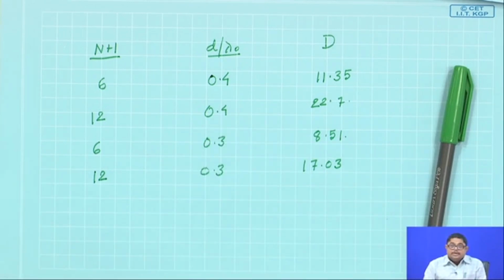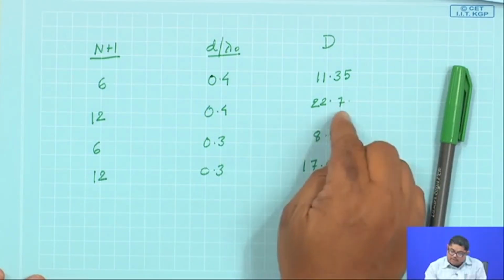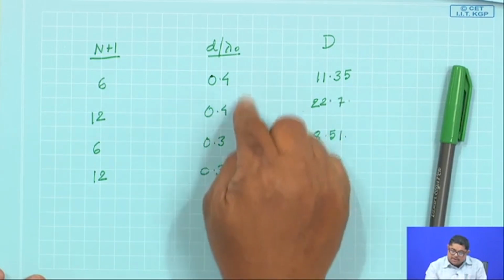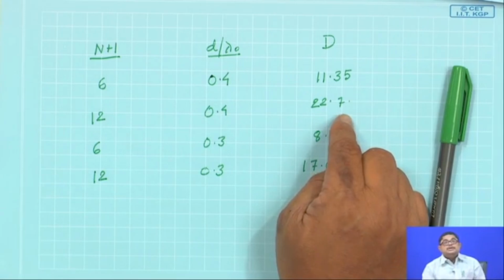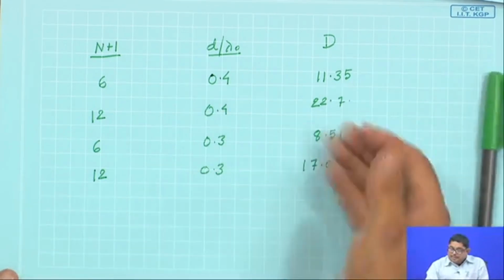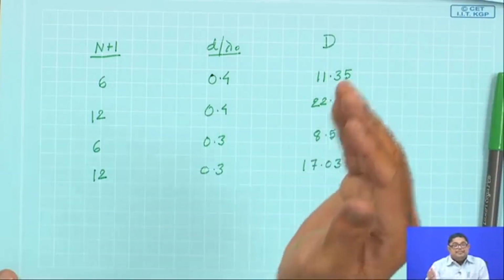Point is, this table underscores a designer's problem: to get more directivity, you see from here that if I want to have more directivity, I need to increase d, but I cannot do it infinitely, my d by lambda naught is less than 0.5.